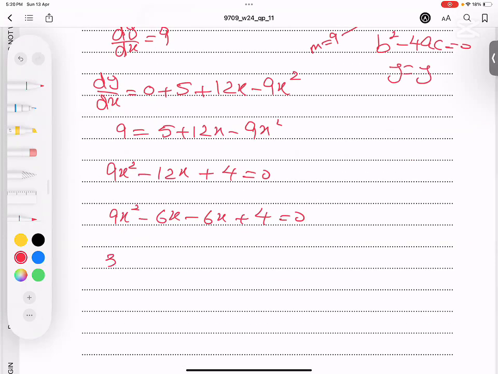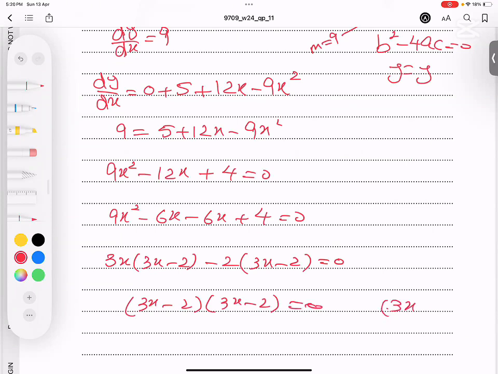This is a 3 common, and I got 3x minus 2, negative 2 common, 3x minus 2. So 3x minus 2 equal to power 2, and ultimately x becomes 2 by 3.